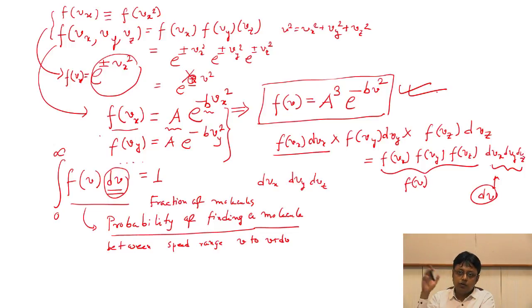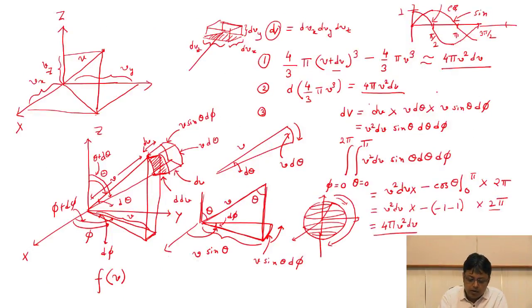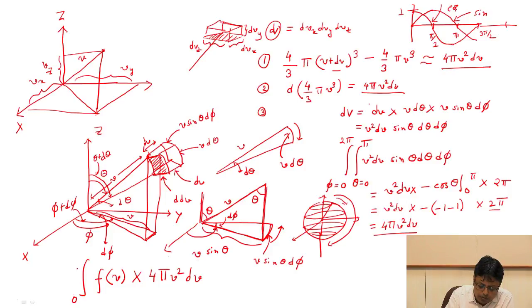And if you integrate over all the velocities, it is a probability distribution, so that should give 1. So I take fv, multiply by the volume element 4 pi v squared dv, and integrate over the dv range, which should be 0 to infinity. It is not minus infinity to plus infinity, because vx, vy or vz can go from minus infinity to plus infinity since velocity has a direction.